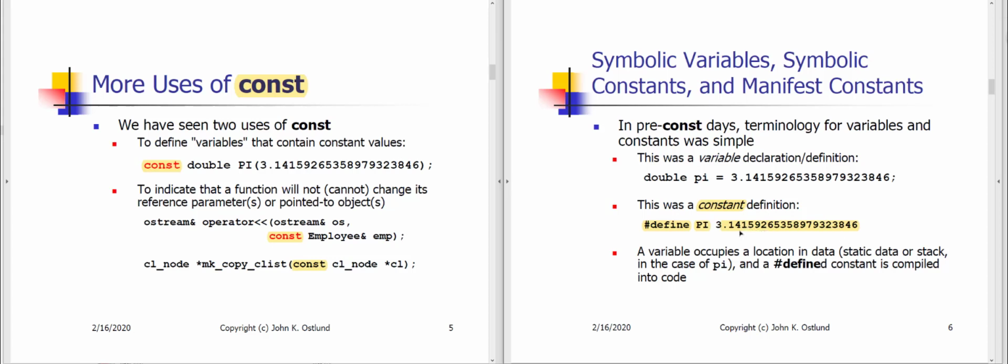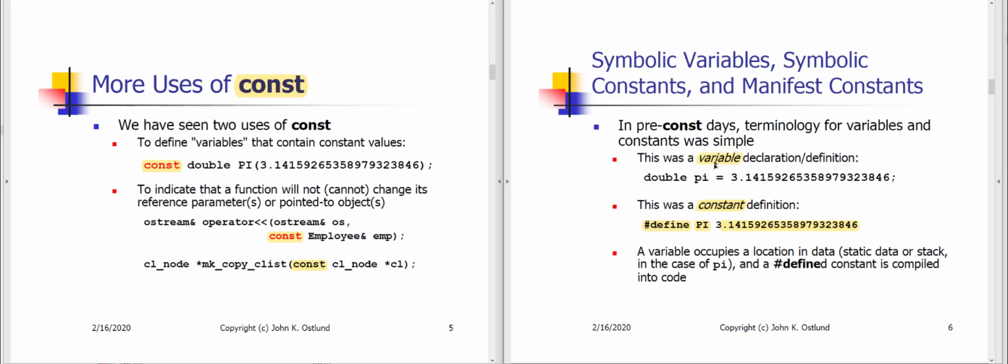And literally what would happen as the preprocessor went through your code, any occurrence of this token pi, capital Pi, would be textually replaced with 3.1415926 and so on before that textually modified source code would be passed along to the compiler.